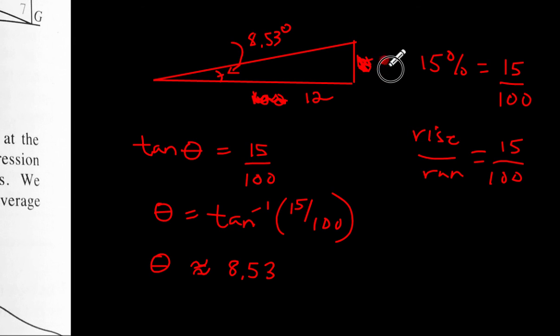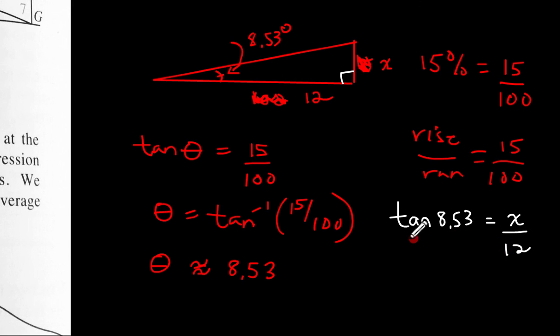So we need to find this value x. Let's change our colors here a little bit. We know what the angle is, and again, it's going to be tangent because we don't have the hypotenuse. So we would say tangent of 8.53 equals opposite over adjacent.